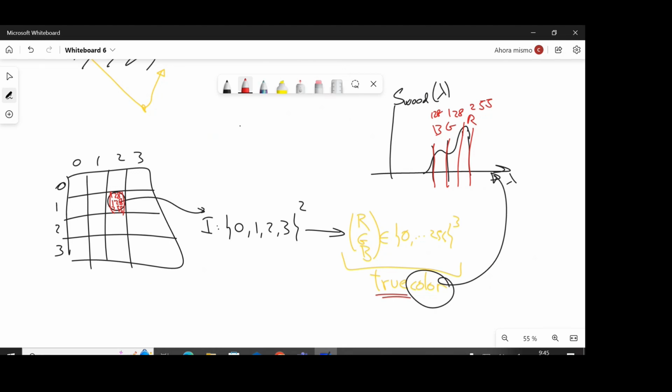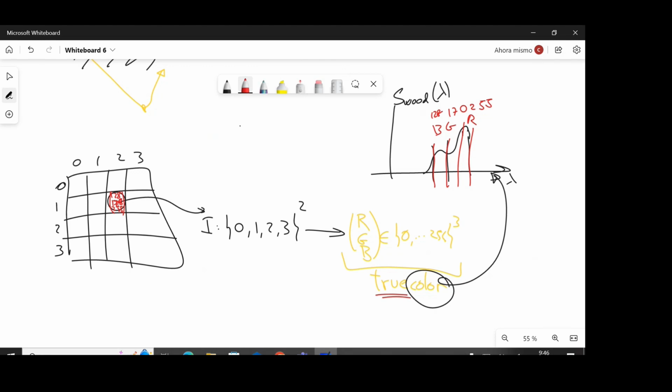This is not color. This is just a representation of what is happening in my sensors, in my camera. Why are they the same, blue and green? Yeah, you mean this one should be higher? You're right. This one should be higher because it has an area that is larger than the other one.